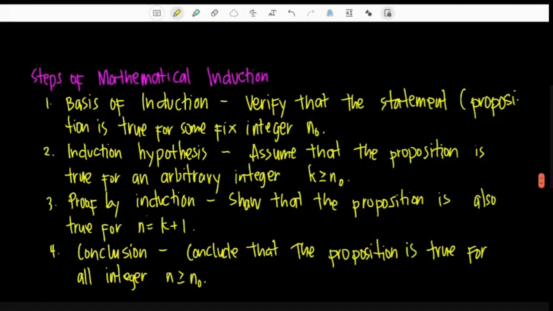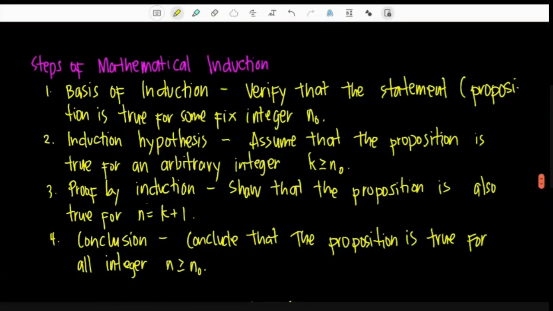So to simplify the process, this is what you need to follow when you want to prove a statement by mathematical induction. First, you need a basis of induction. You need to verify that a statement P of n is true for some fixed integer n sub 0. So this will be your starting point. Next is the induction hypothesis.